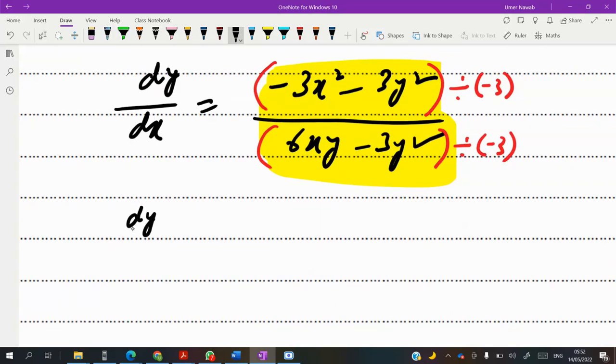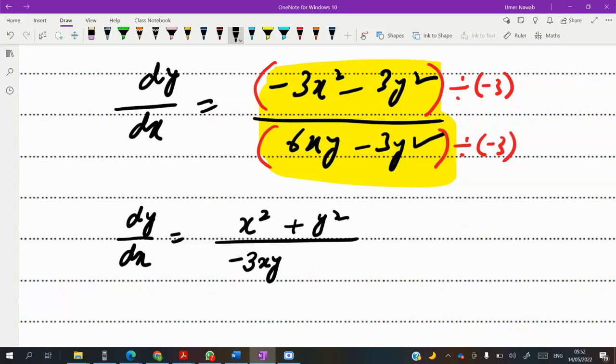So dy by dx: the first term becomes x squared, the next one gives plus y squared, and finally we have here minus 3xy and then y squared.